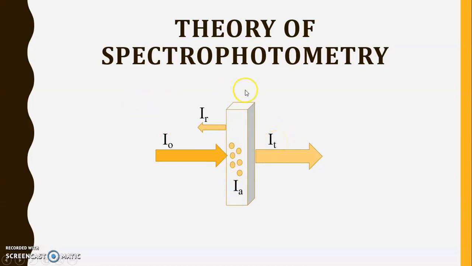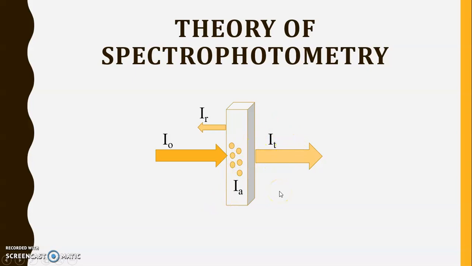Now in a spectrophotometer, we measure either the amount of light that is absorbed by your sample or the amount of light that is transmitted by the sample. If we know the amount of incident light and either of these, we can calculate the third.